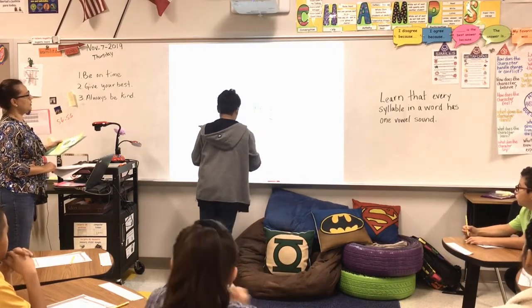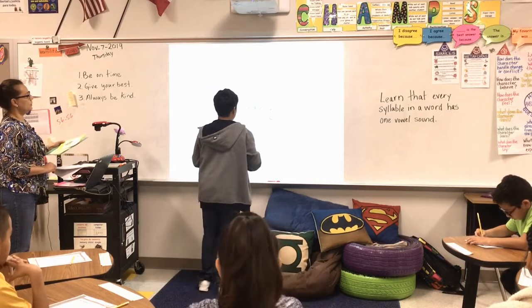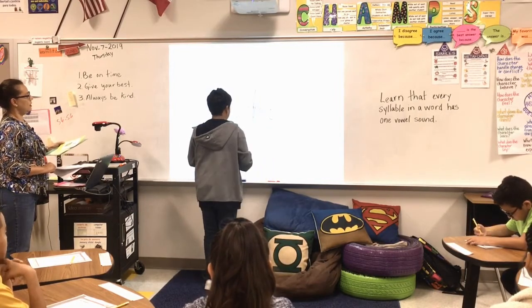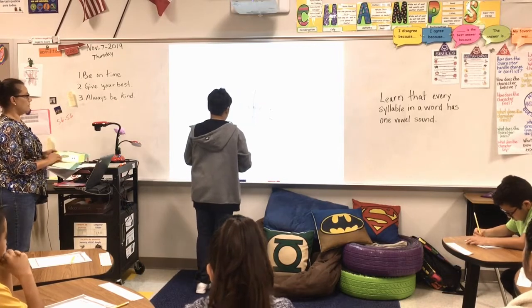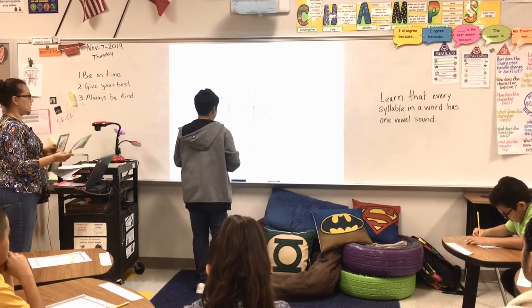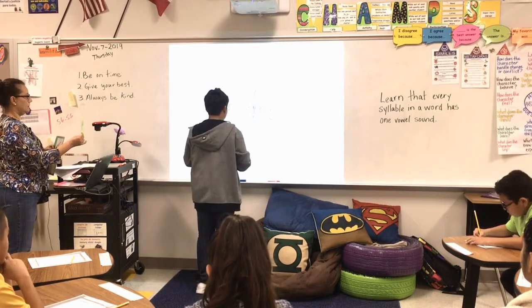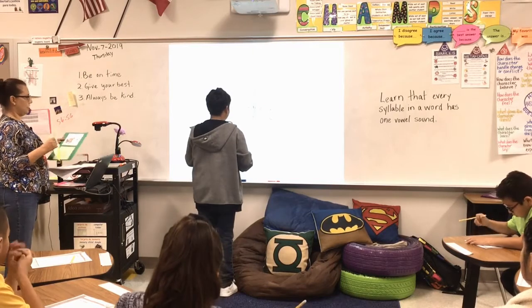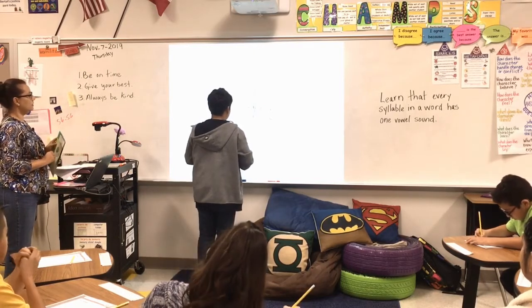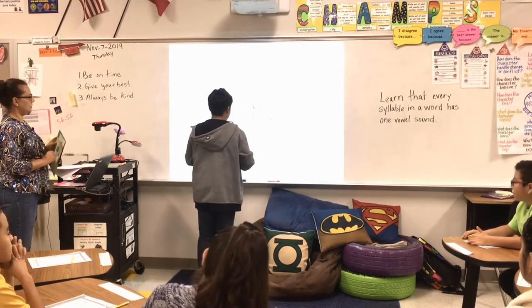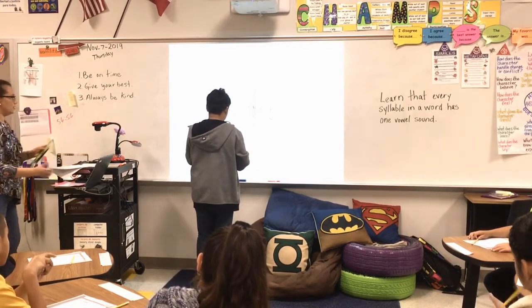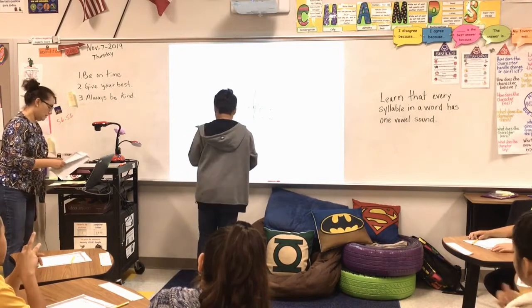And where would my syllable break be? Awesome. And what is the sound of that first vowel? And the second? Eh. Put it together. Okay. Bring it together. Trumpet. Good job, Jose.